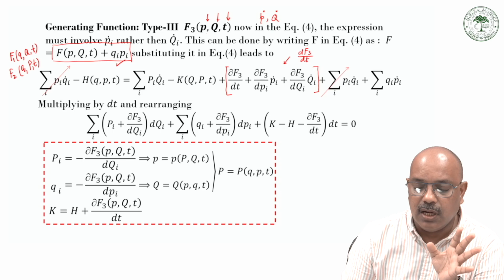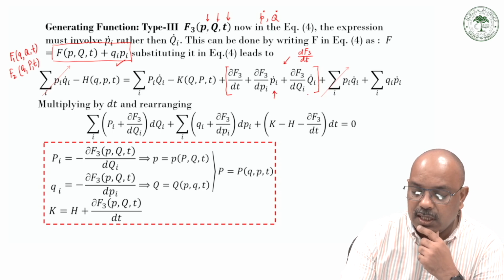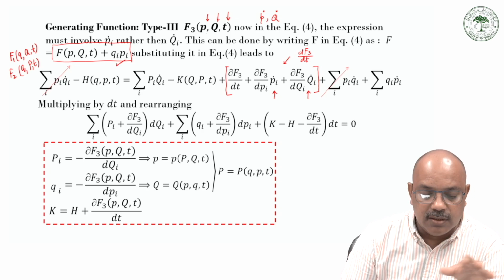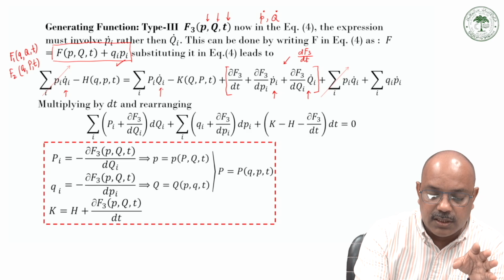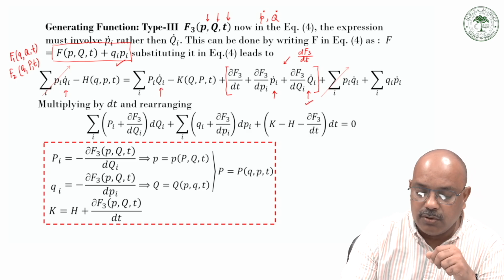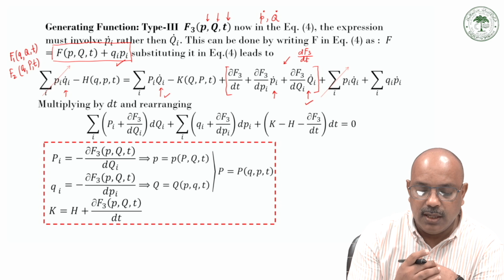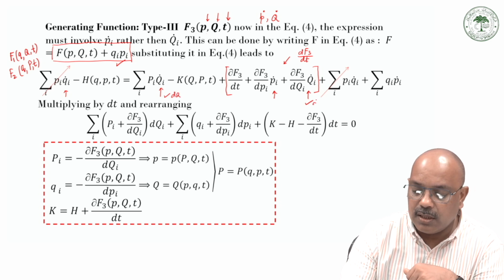If I don't add this, what I'm going to get is p dot and capital Q dot. If you remember, here we have q dot and I have capital Q dot. So this capital Q dot and this capital Q dot I can make equal, so this is ultimately going to be dQ, and I am going to give this to dQ.